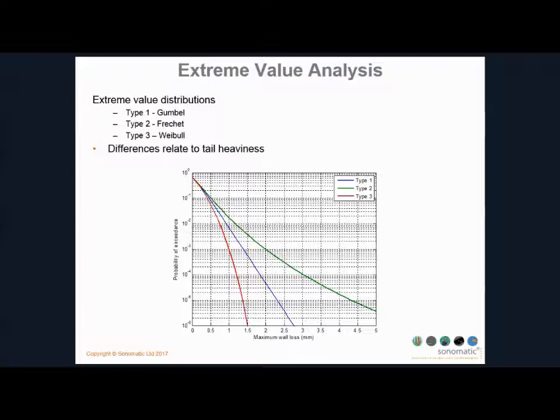In other words, it drops faster than the Gumbel distribution. This graphic also shows a type 2 extreme value distribution, also referred to as a Frechet distribution. Basically what that's showing is an increasing likelihood, by comparison to the Gumbel distribution, of having severe or significant depth of corrosion.